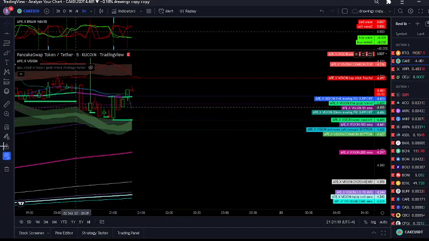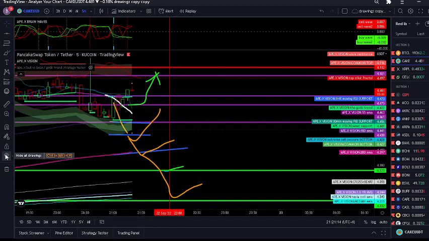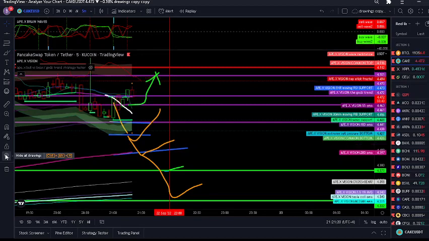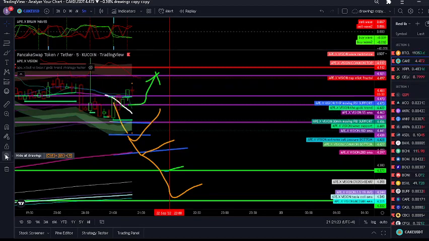Fuck. It's so volatile right now. Went down, tested the support. Now we're looking at the 1 hour right here.